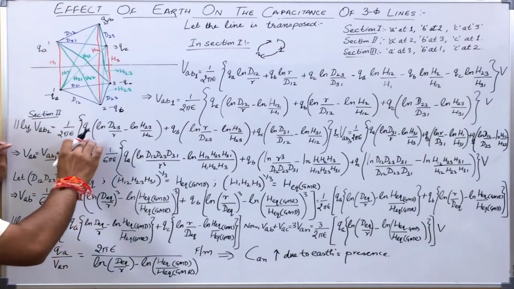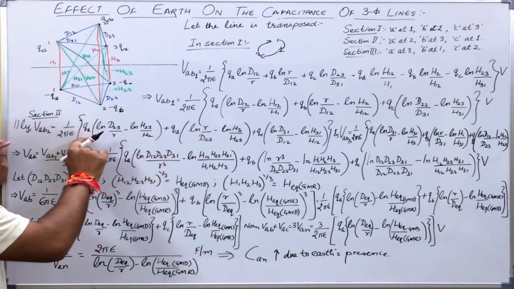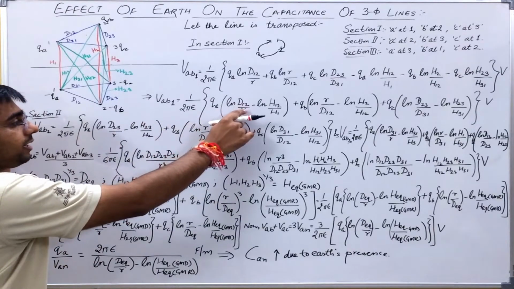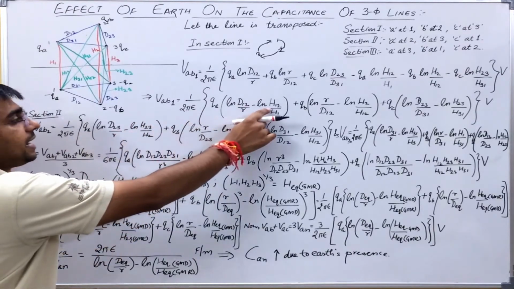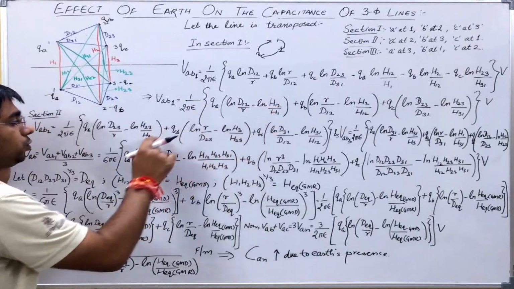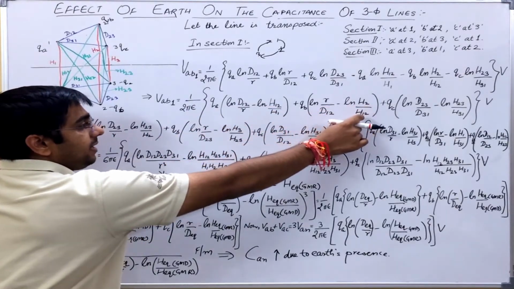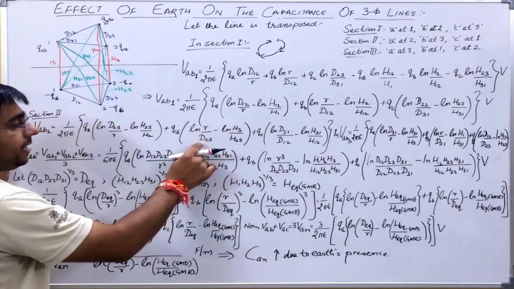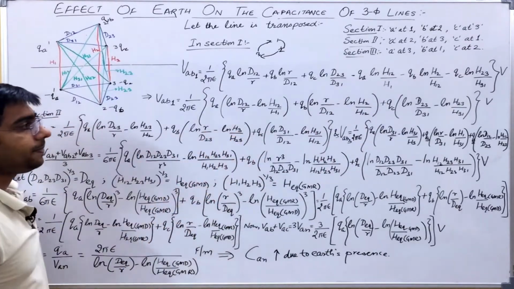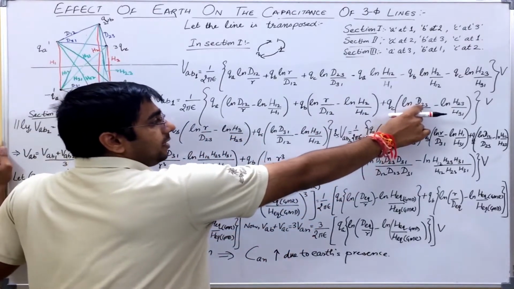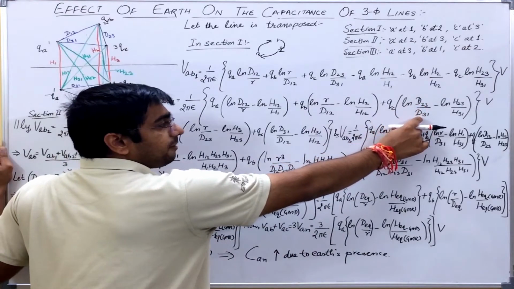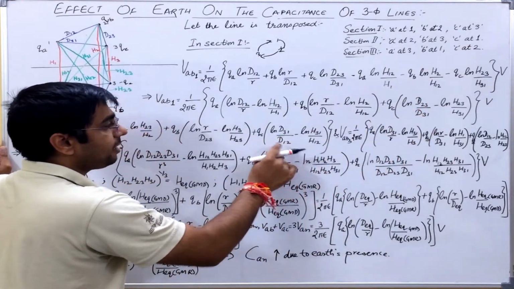So VAB2 will be QA natural log D23 by R, H23 by H2, and for QB, R by D23, H3 by H23. Similarly for QC, D31, D12, and so on.